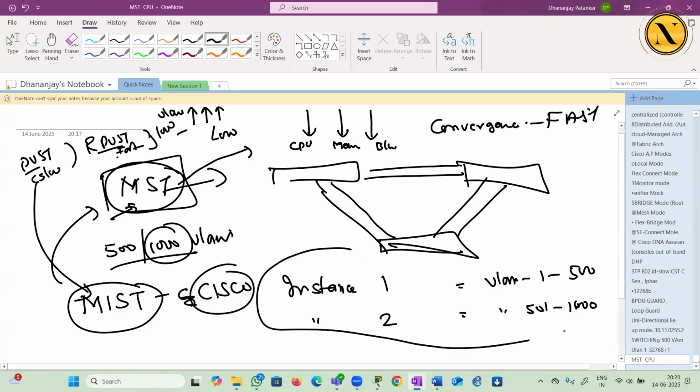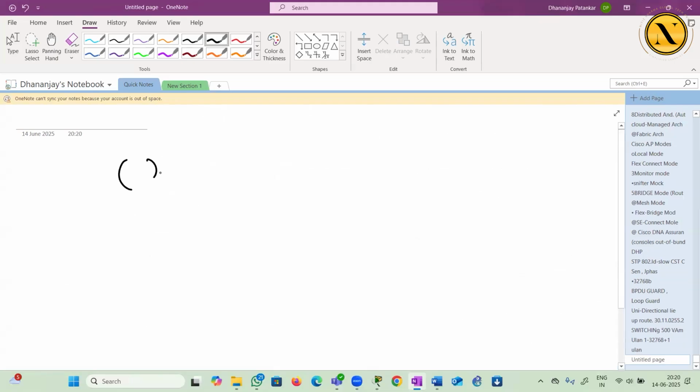This is how we'll be doing it in the next course lab. So are we done with multiple spanning tree also? Understood? Theoretical, no lab. And of course, you know the commands. What you have to do in real life is go to global mode and type spanning-tree mode question mark.